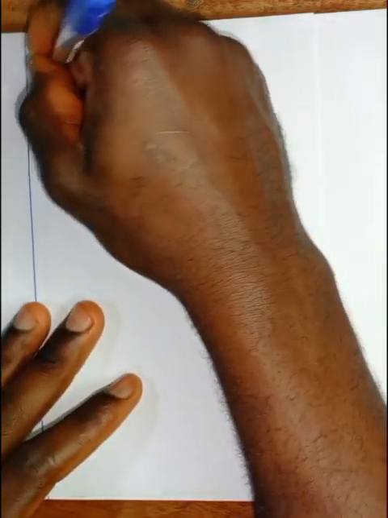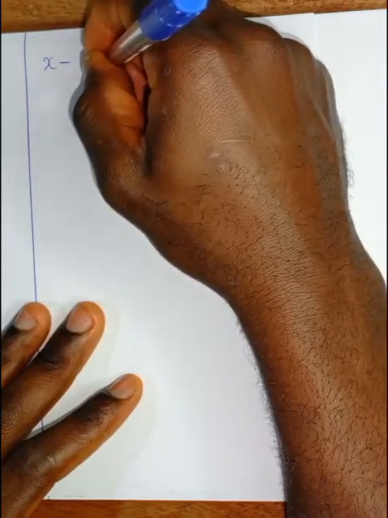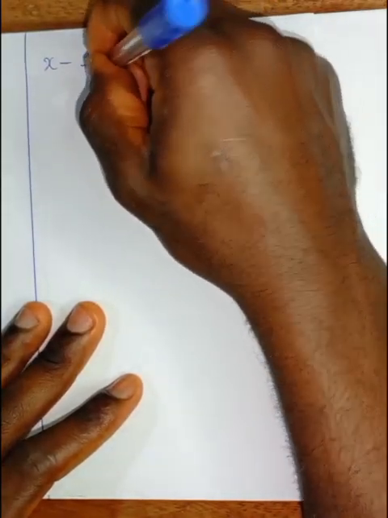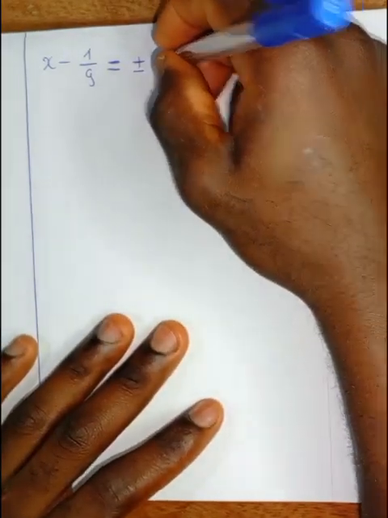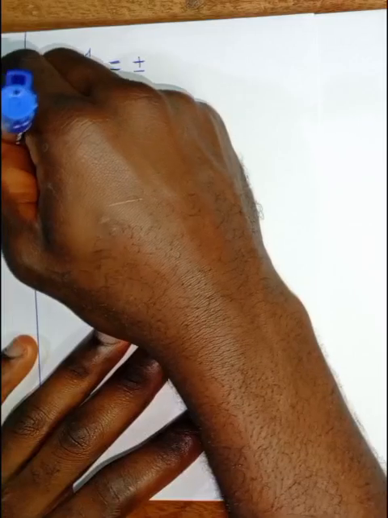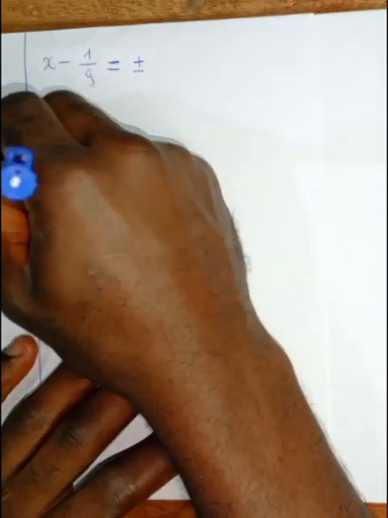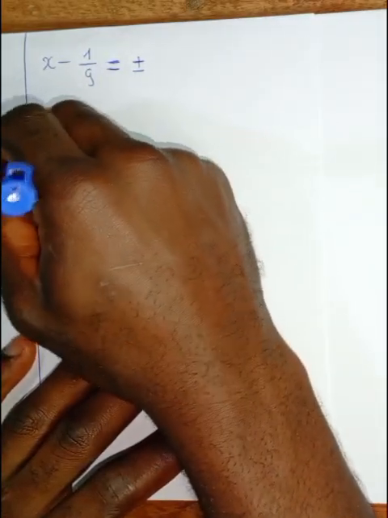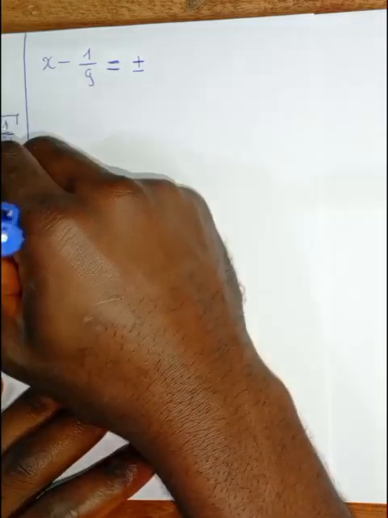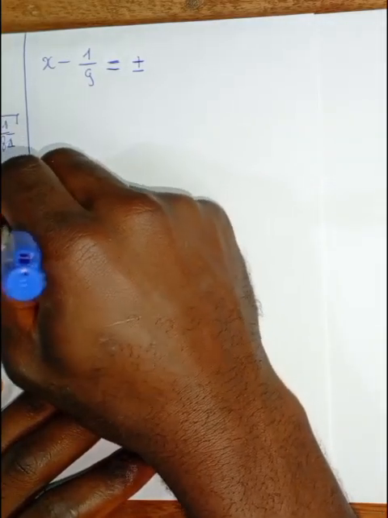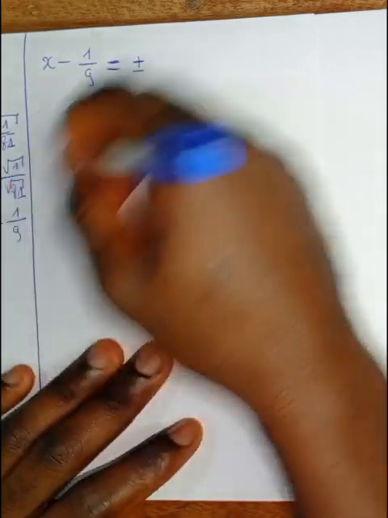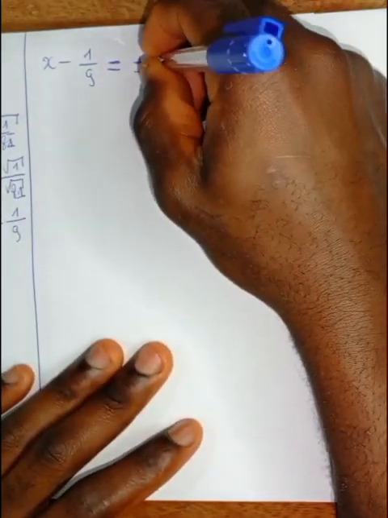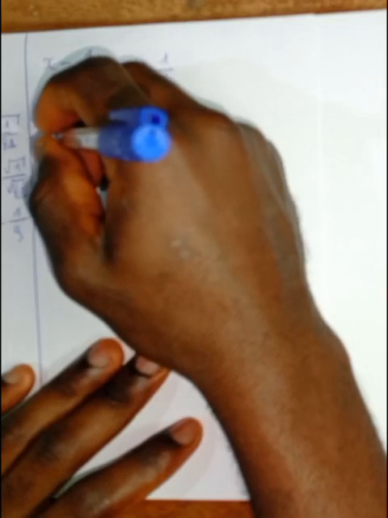This will simply give us x minus 1 over 9 is equal to plus or minus the square root of 1 over 81, which is simply equal to the square root of 1 over the square root of 81. The square root of 1 is 1 and the square root of 81 is 9. So this will simply give us plus or minus 1 all over 9.